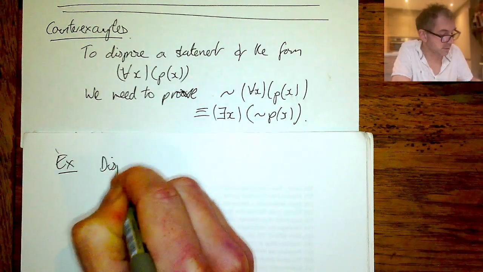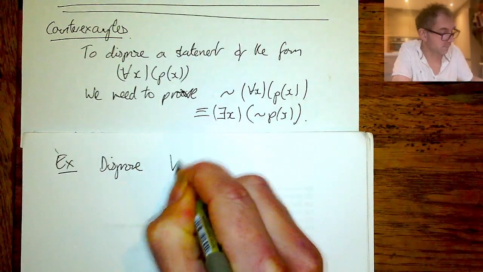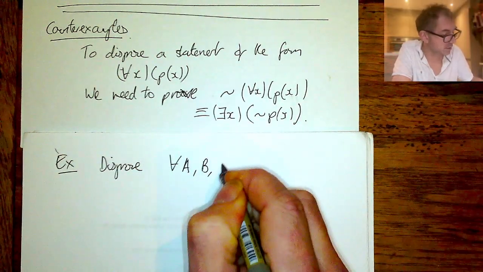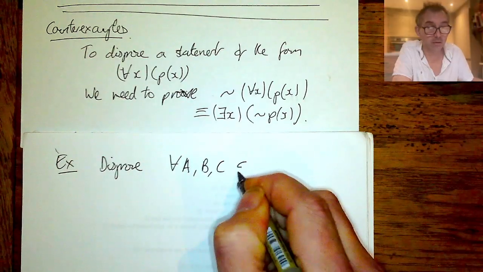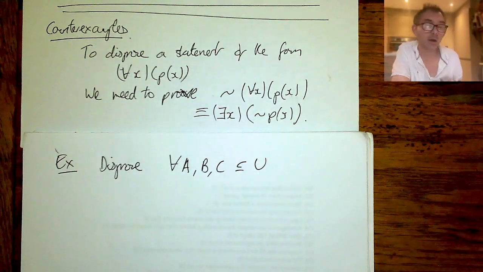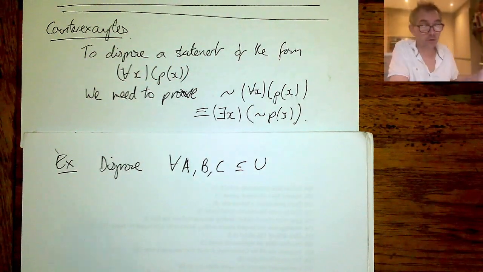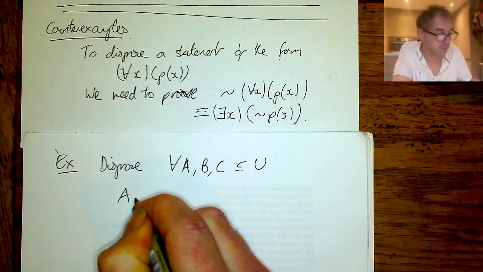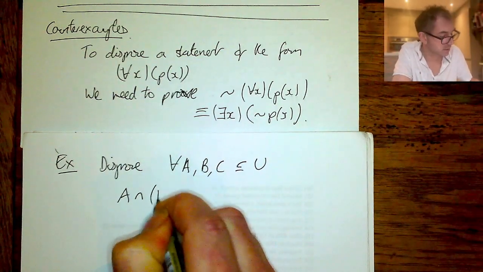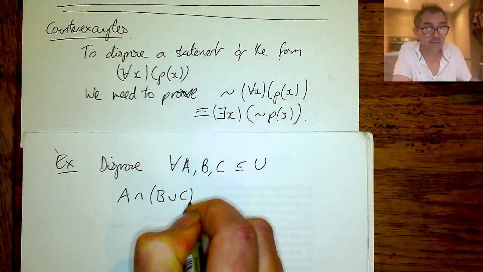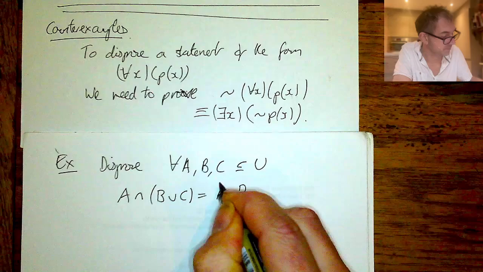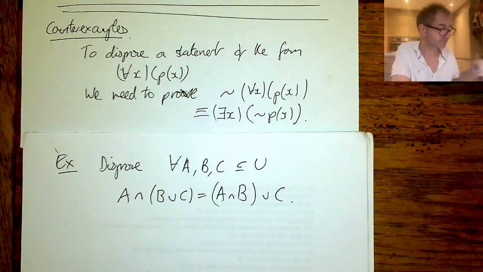So let's disprove: for all A, B and C, we'll take those as subsets of some universal set U, A intersect (B union C) is the same as (A intersect B) union C.